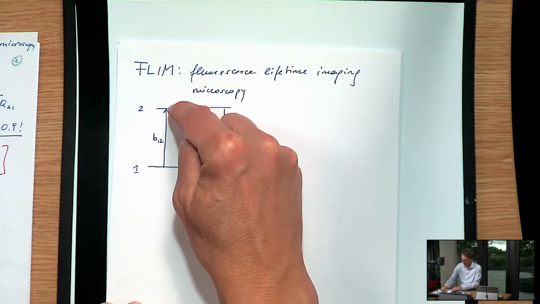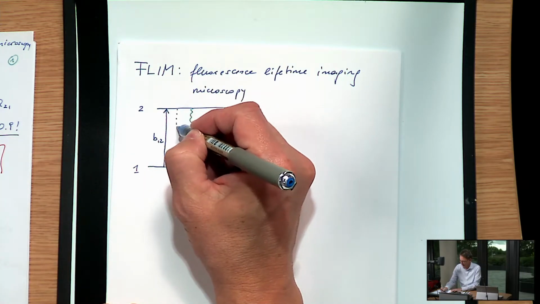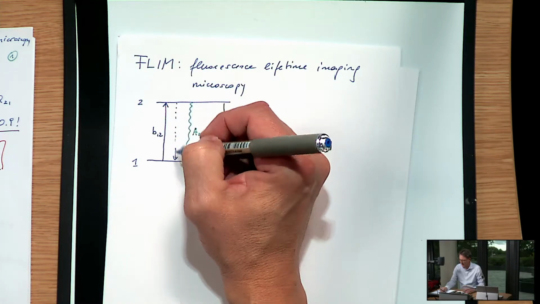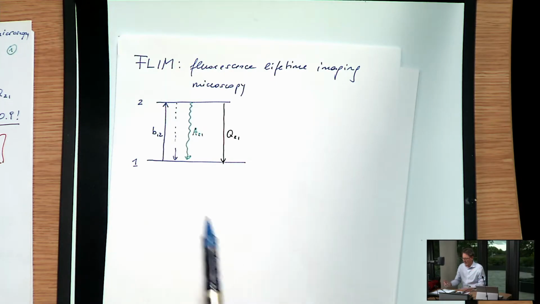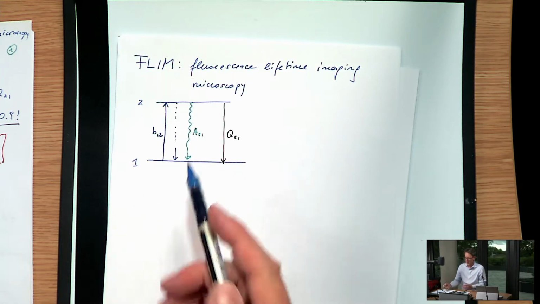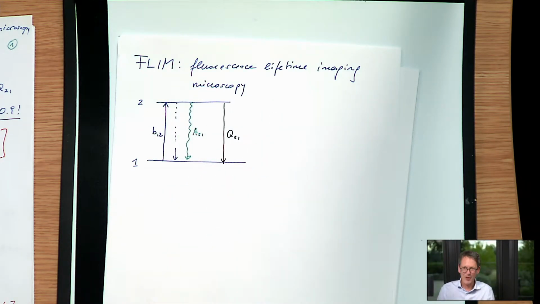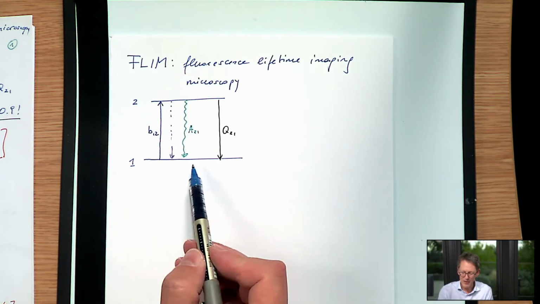I have ignored the possibility of stimulated emission, i.e. I've not drawn in here the stimulated emission process at rate B21, because for most systems that we deal with in microscopy, the population in level 1 is much higher than the population in level 2. We've said this is the case because we're dealing with electronic transitions, and so at room temperature, most of the population resides down here.